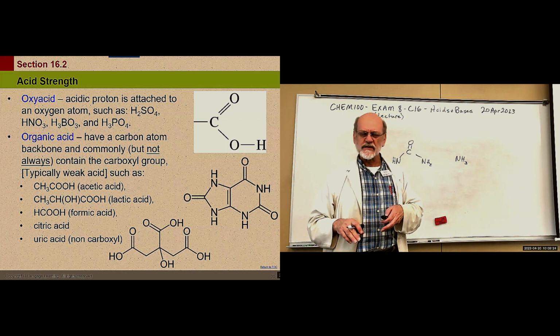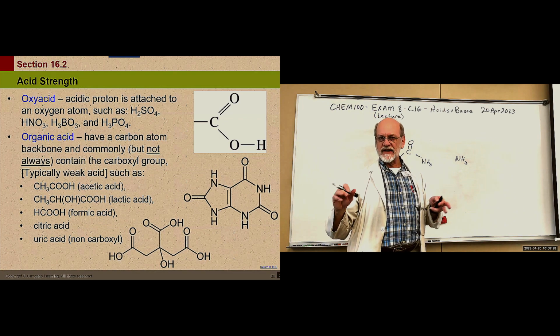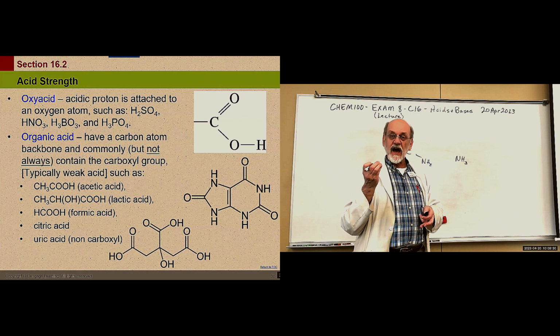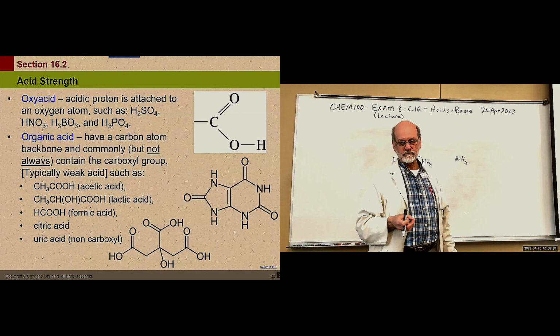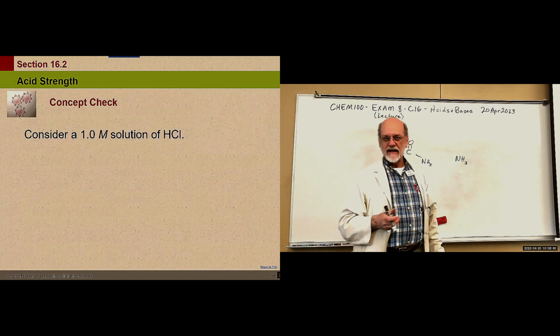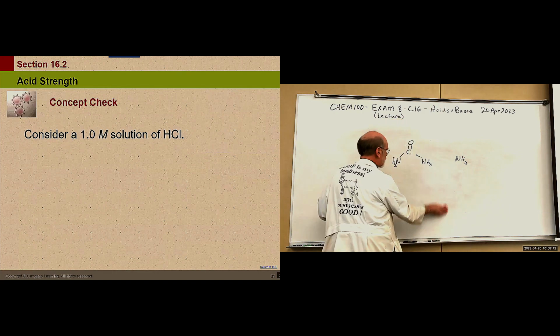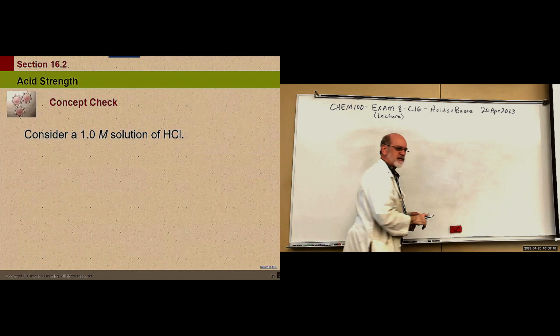The point here is acids come in all sorts of different varieties, and they all have one thing in common. They give up a proton in aqueous solution. Okay, so now let's talk about concentrations of acids and do some calculations.